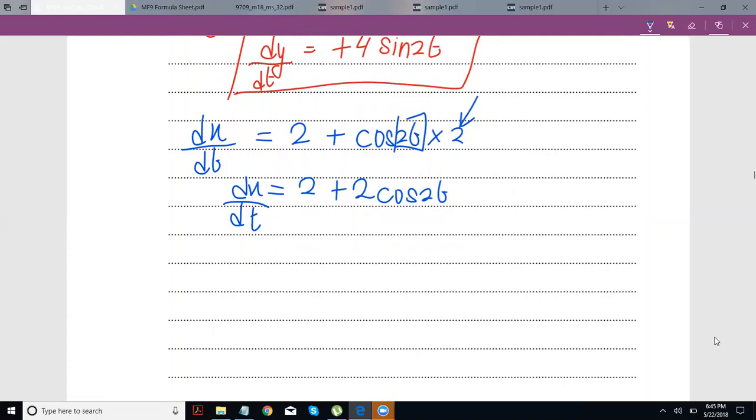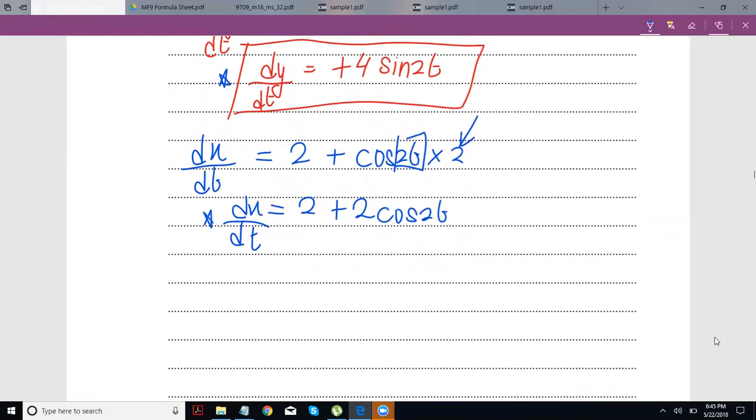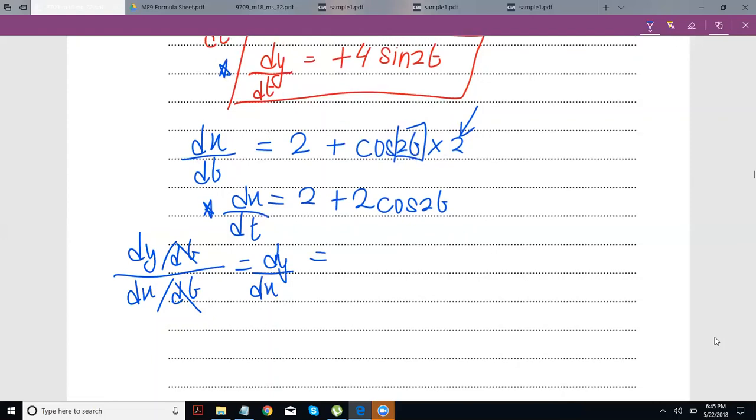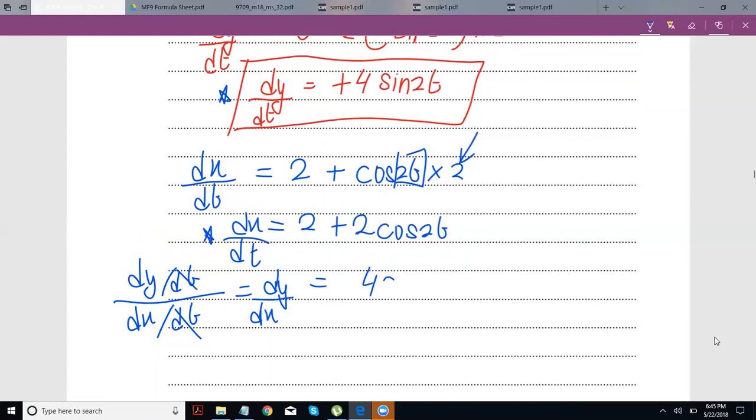Now you want to divide this and this. So you want to be dividing dy over dt over dx over dt, so that dt and dt can cancel out to give you dy over dx, which is simply 4 sine 2t upon 2 plus 2 cos 2t.